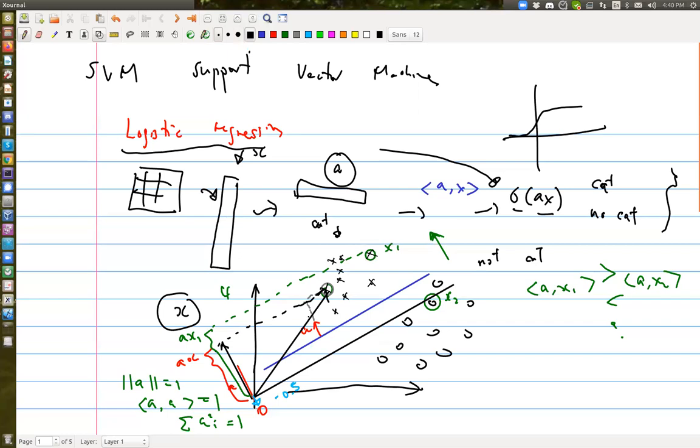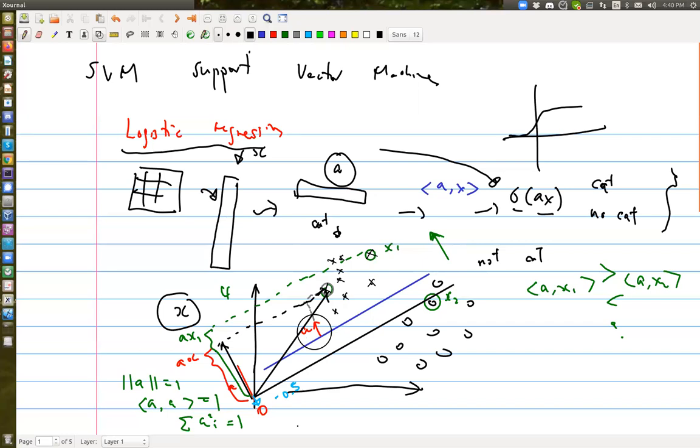Now, if you look at logistic regression, what it's doing is I find this A and try to separate these two sets of points, two sets of samples, two sets of inputs in this visual space. I basically just look for this A. This is one possible A that is going to separate these two.